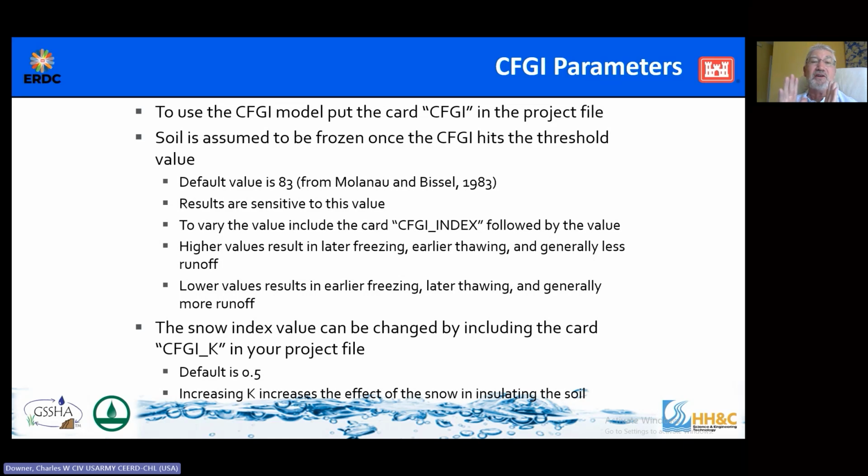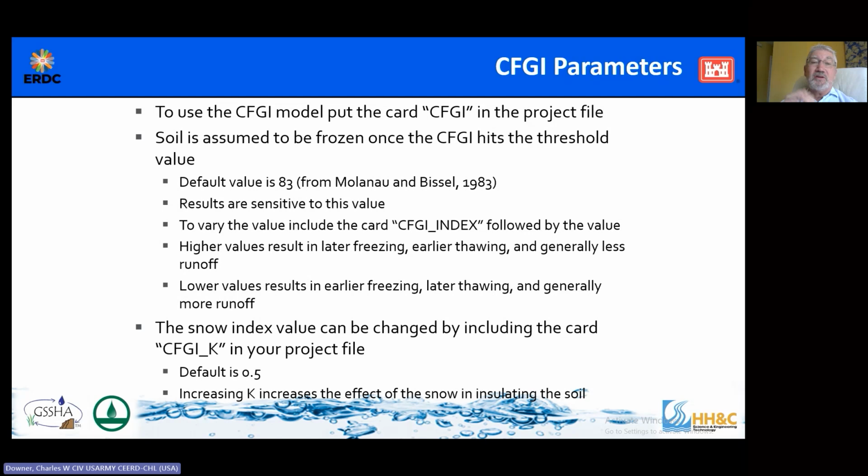The default value is 83. That was from the original paper, and I think that was up in the Northwest United States. So is 83 a good value everywhere? I have no idea. The results are sensitive to that value, obviously, because once you hit that threshold, your ground is frozen.